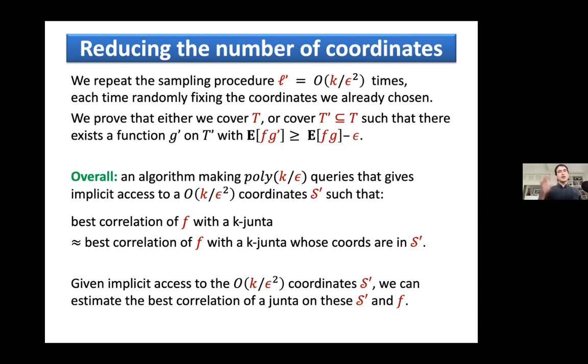We went from K to order K. But I would say that, probably for more practical applications, this is the more interesting algorithm because it runs in polynomial time. Okay, how do we reduce the number of coordinates even further? How do we get from order k coordinates to k coordinates? That's the next question.